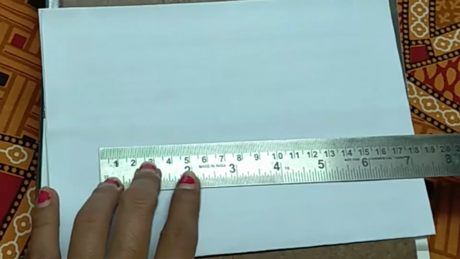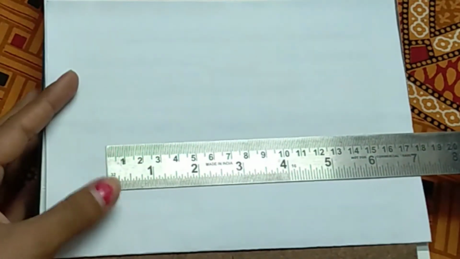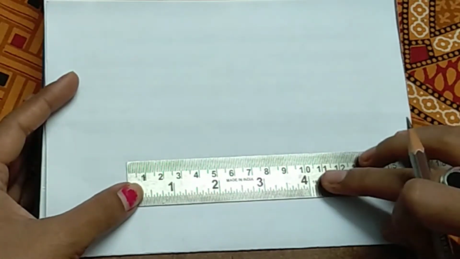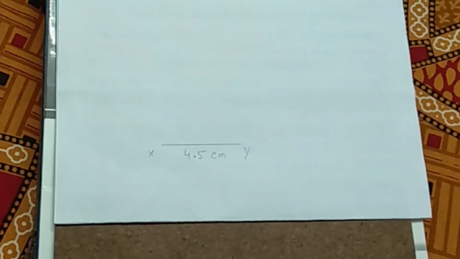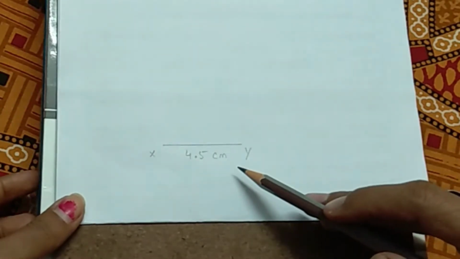As one of the sides is 4.5 centimeter, let's take XY, which is 4.5 centimeter in length. So you have to make a line of 4.5 centimeter. This is our line XY of 4.5 centimeter length.